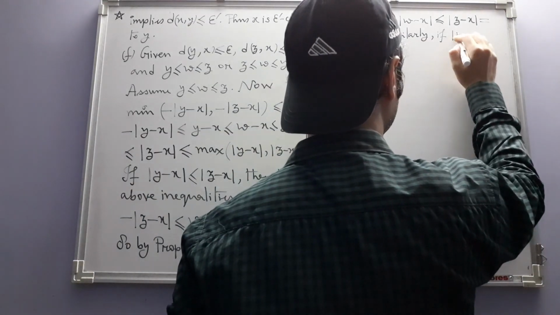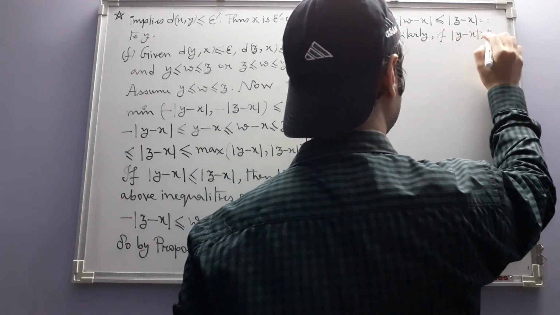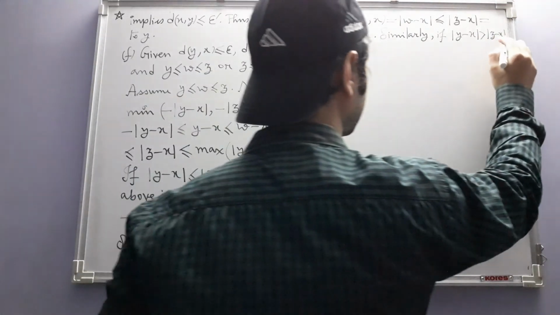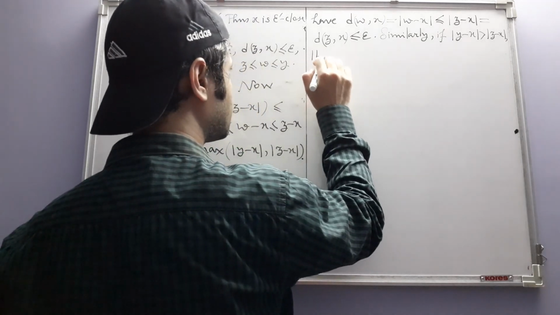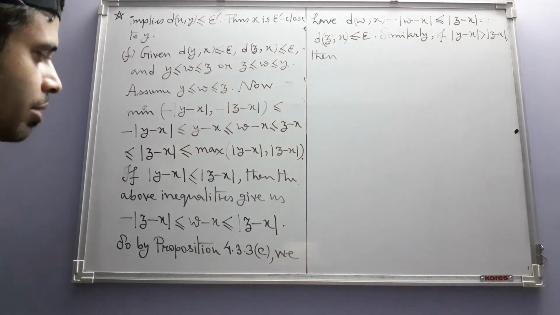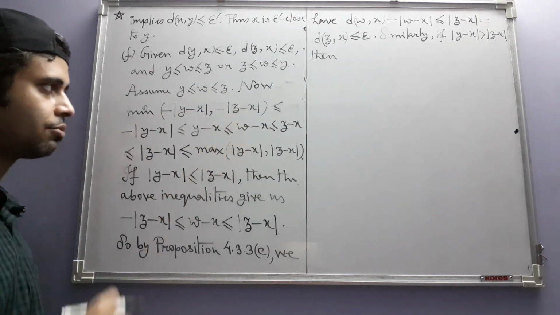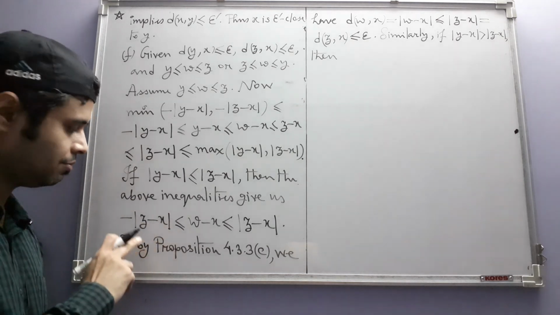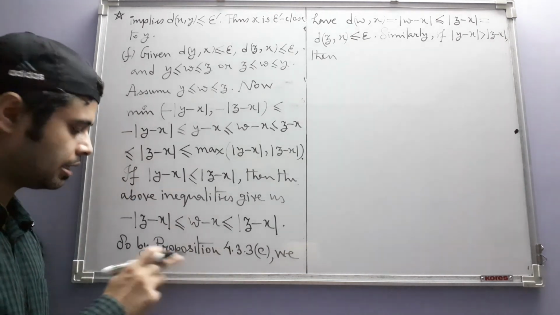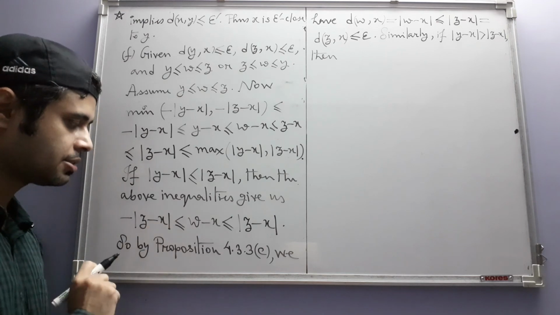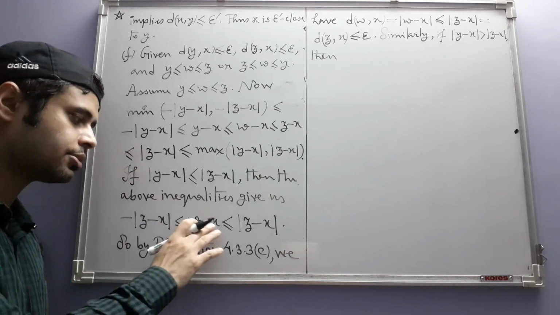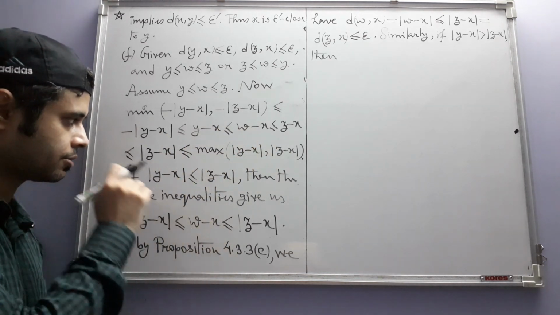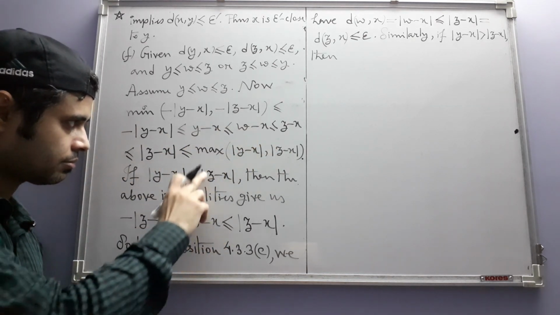On the other hand, if this is greater than z minus x, then instead of performing the calculation, you just look at what will happen here. In place of absolute minus of this, we will have the other thing, right? Minus of mod y minus x, that will still be less than or equal to w minus x, which will be less than or equal to this thing.